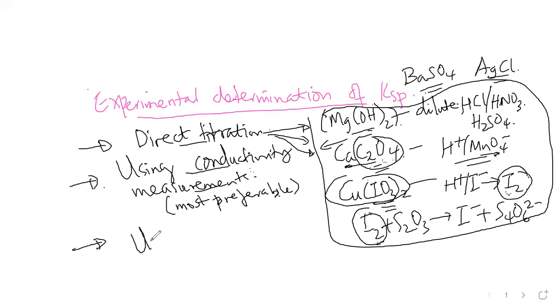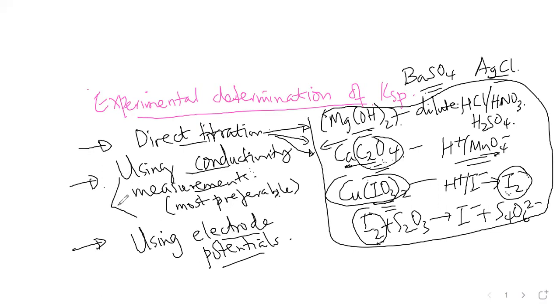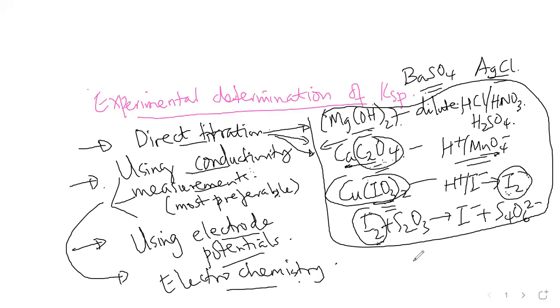The other method we can use to determine solubility product is the most uncommon one, whereby we use electrode potentials. We shall see this later. Even conductivity measurements, we shall explore more when we look at the topic called electrochemistry. However, I will briefly talk about it in this topic.